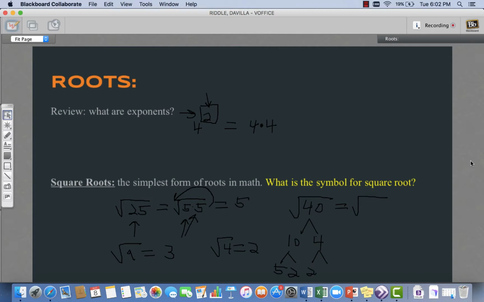Into 5, 2, 2, and 2. So the square root of 40 is another way of saying 5 times 2 times 2 times 2. Then your goal is to look for pairs that can go to the outside. As you can see, this pair of 2s right here can go to the outside. And that is how you can deal with square roots there.